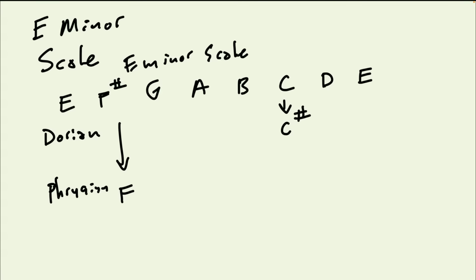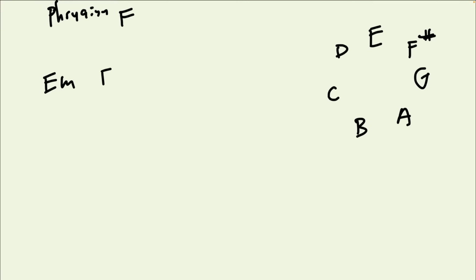And so what does that do to the chords? Well, let's do the scale circle. E, F sharp, G, A, B, C, D. So here are the standard chords in the key of E minor.